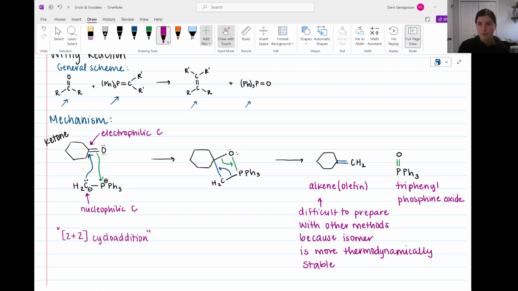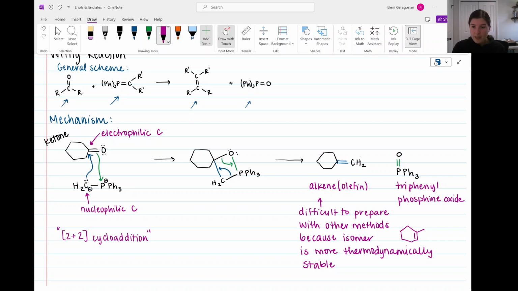So we prepare it with the Wittig reaction, but it's difficult to prepare with other methods because the isomer that I'm referring to is another 6-membered ring with a methyl group, and the pi bond is within the ring. This is a more thermodynamically stable isomer than the alkene that's formed through the Wittig reaction.